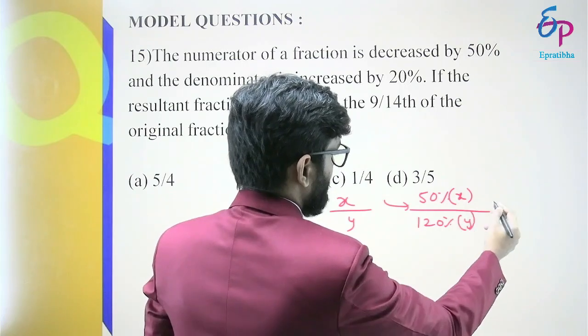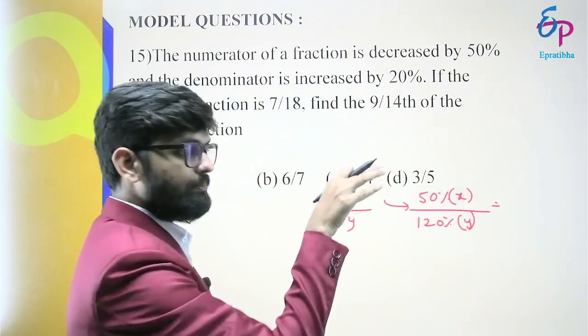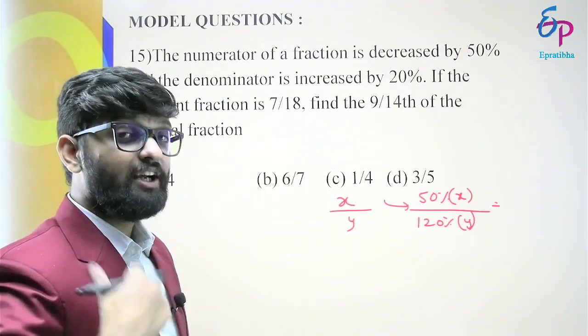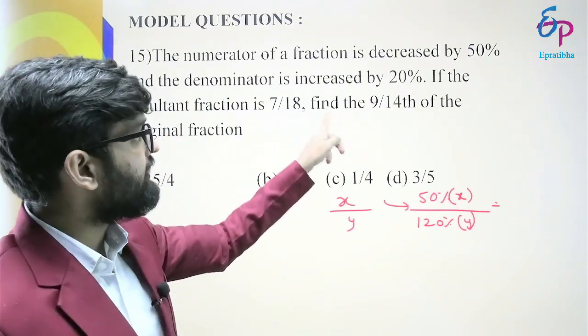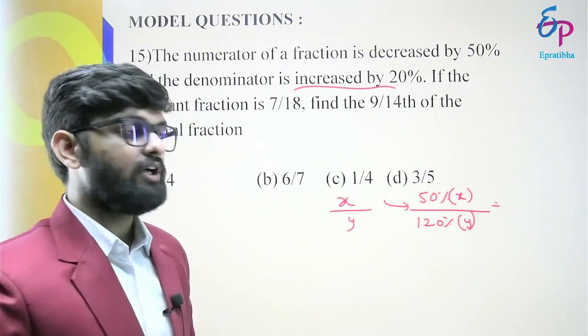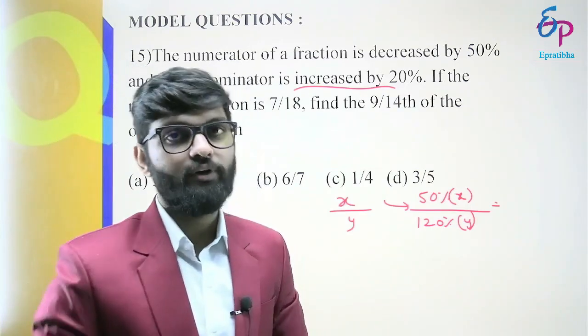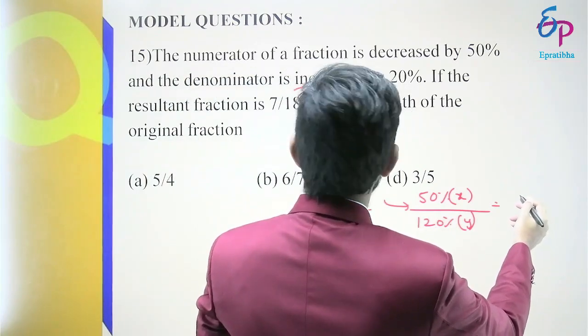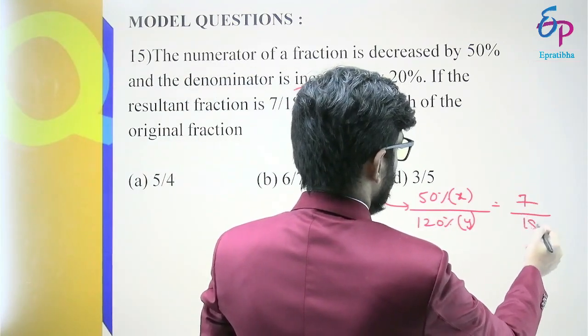If the numerator is getting decreased, you just subtract 50 from 100 and you get 50. If the denominator is getting increased, you have to take it as plus 20%, 100 plus 20, you get 120%. So 50% of x and 120% of y, the resultant value will be 7 by 18.